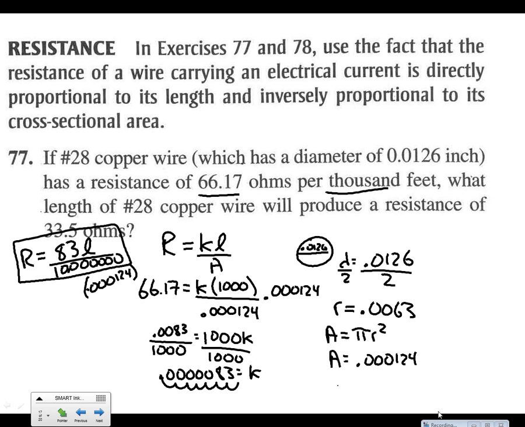Alright, so plugging in for R, 33.5 equals 83L over 10 million. We should get an answer of 403,000 approximately for L.